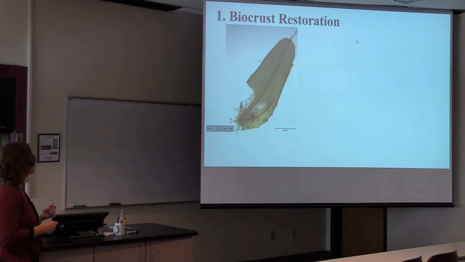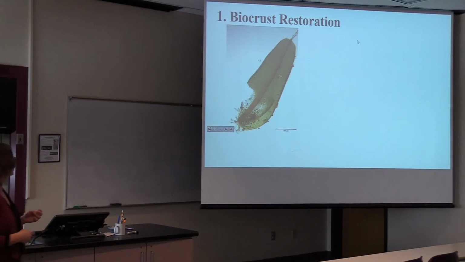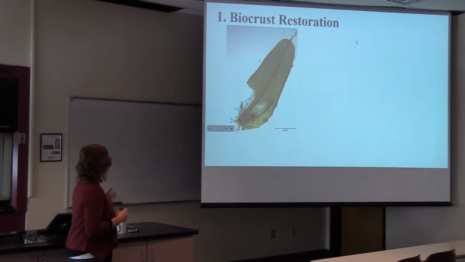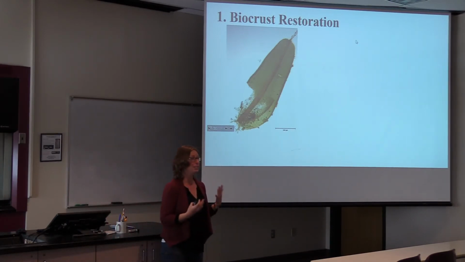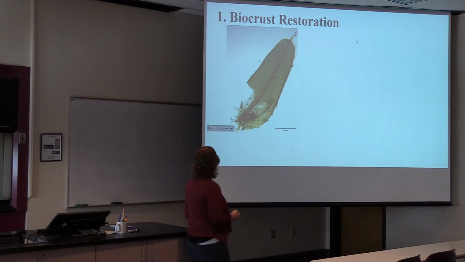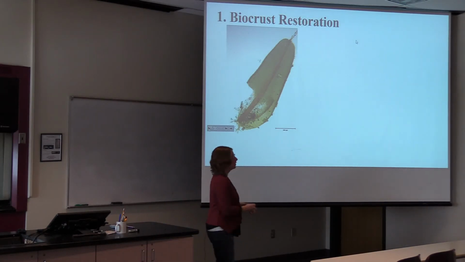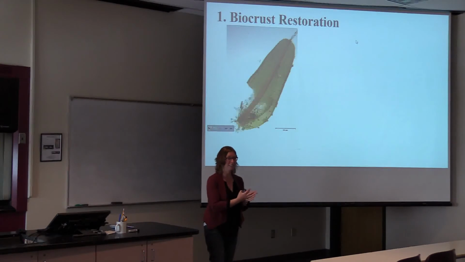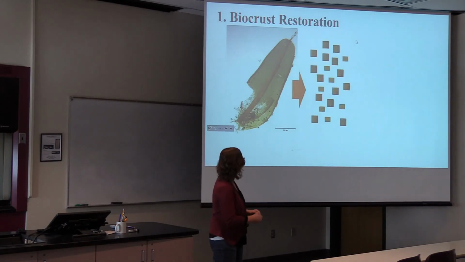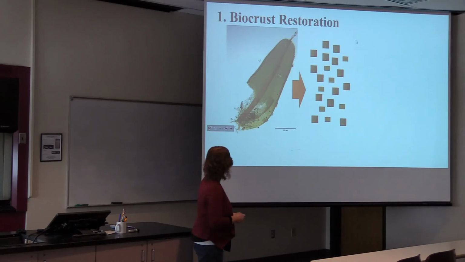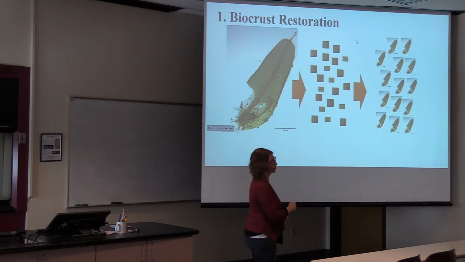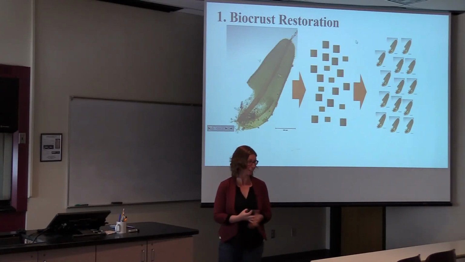And really this is the same for all of these biocrust organisms. Biocrust organisms are renowned for their ability to regenerate. And so if you take this moss leaf and you dry it and you crumble it into tiny bits and you spread that out, every single cell can regrow itself. It won't regrow a leaf, it'll regrow a moss shoot. I just had to clarify. I don't want you walking out of here with incorrect information.